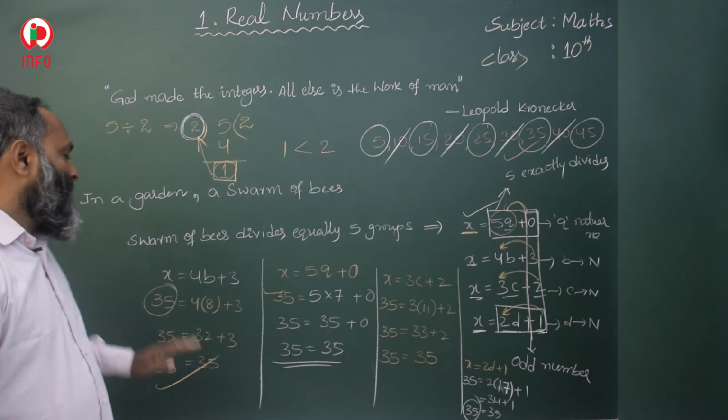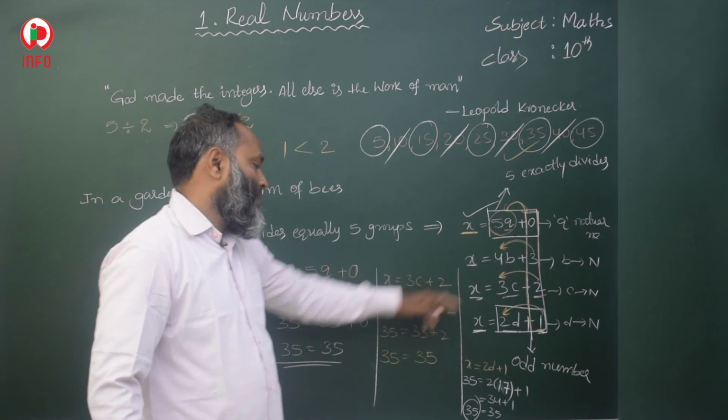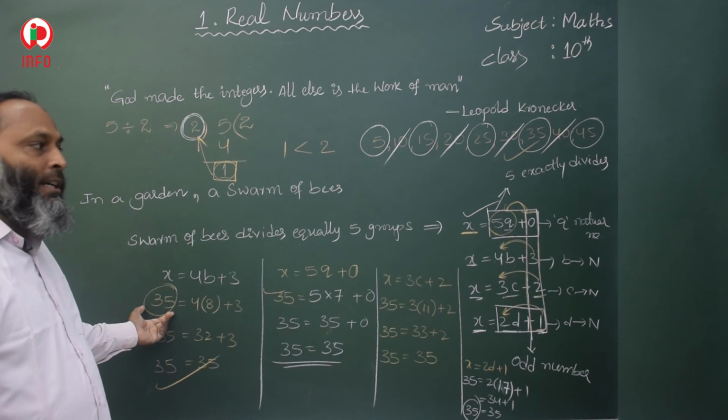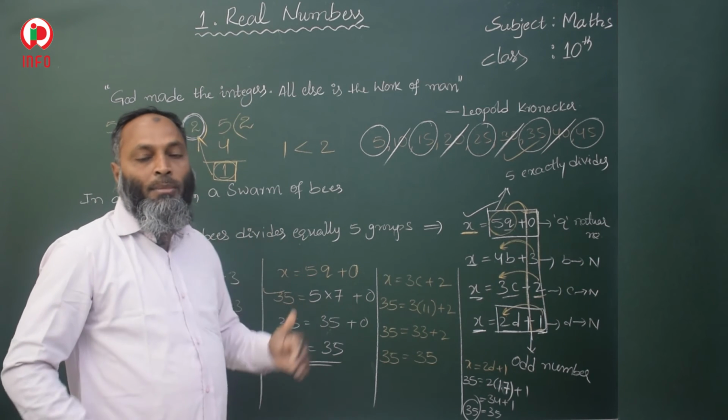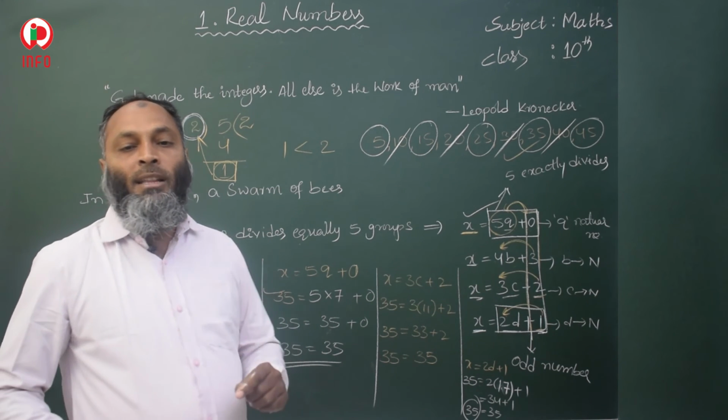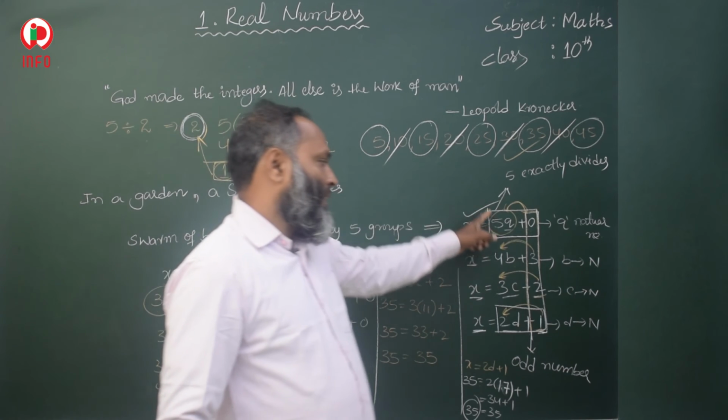So in all these 4 statements, 35 satisfies. It means how many bees are there in the park? Total 35 bees are there, which satisfies these conditions.